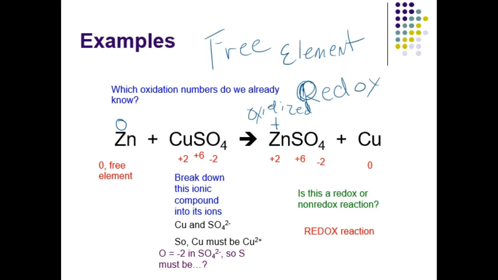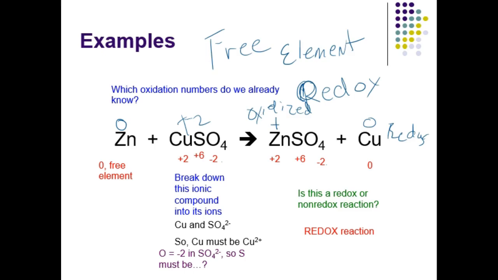And then what was reduced? Well, copper started out as a +2, and over here it became 0. So what happened is it gained 2 electrons, and remember, gaining electrons is reduced. Okay, that's how we know. And then this sulfate, it was a -2 here, and it's a -2 here. It did not do anything.